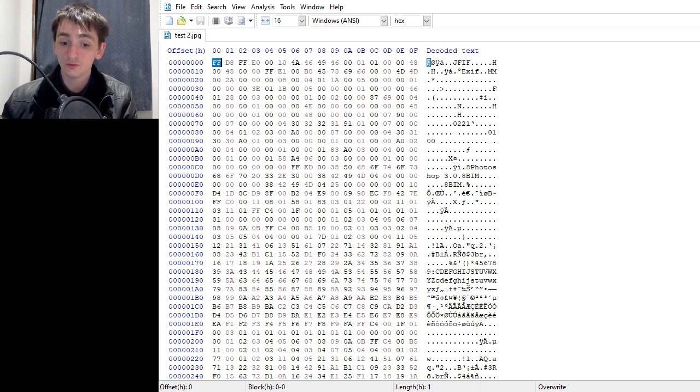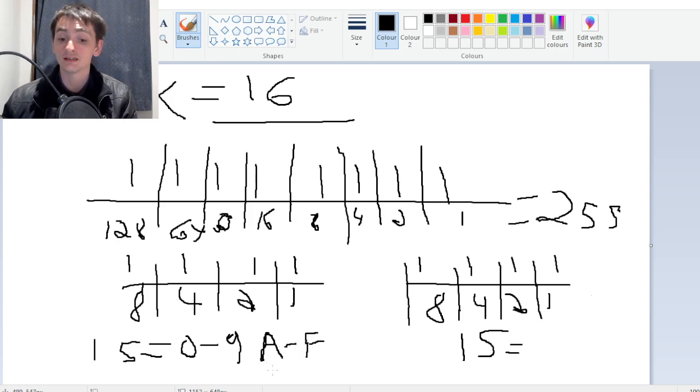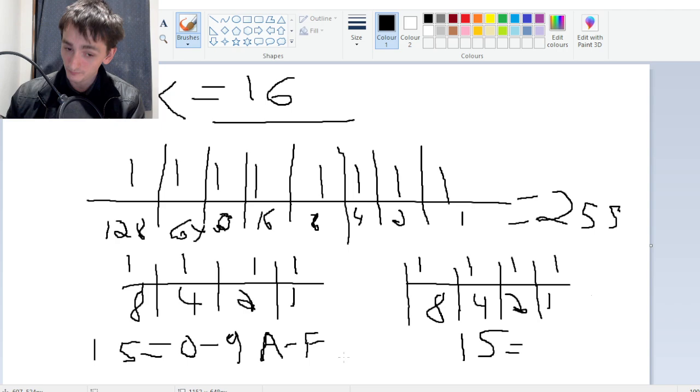So what some clever people did is, instead of going 1 to 15, they went from 0 to 9, and then after 9, A to F. So A being 10, B being 11, C being 12, D being 13, E being 14, and F being 15. And so when we get all these characters together, we get 15.